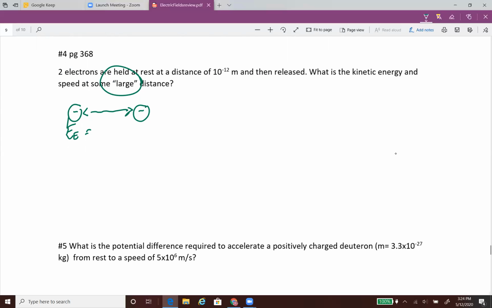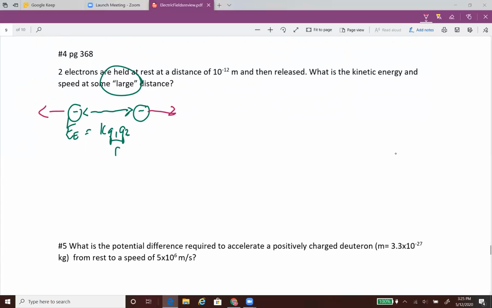So instead of it being G M1 M2 over R, it would be K Q1 Q2 over R. So there's an electrical potential energy between these 2 electrons, because you could imagine if you were to release them, they would fly apart. They would move off in opposite directions. And that potential energy would then be converted into kinetic energy.